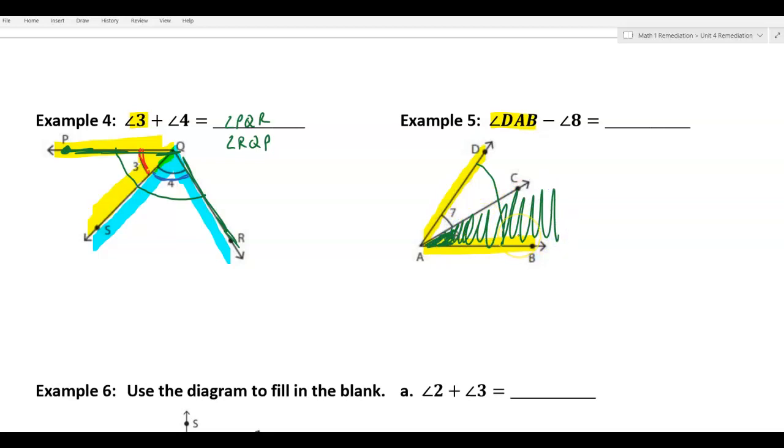Well, what didn't I color in? I didn't color in angle 7, which could also be named angle DAC or angle CAD. So this is the angle that I have remaining. Okay, so that again plays a role when we get to the next learning target.